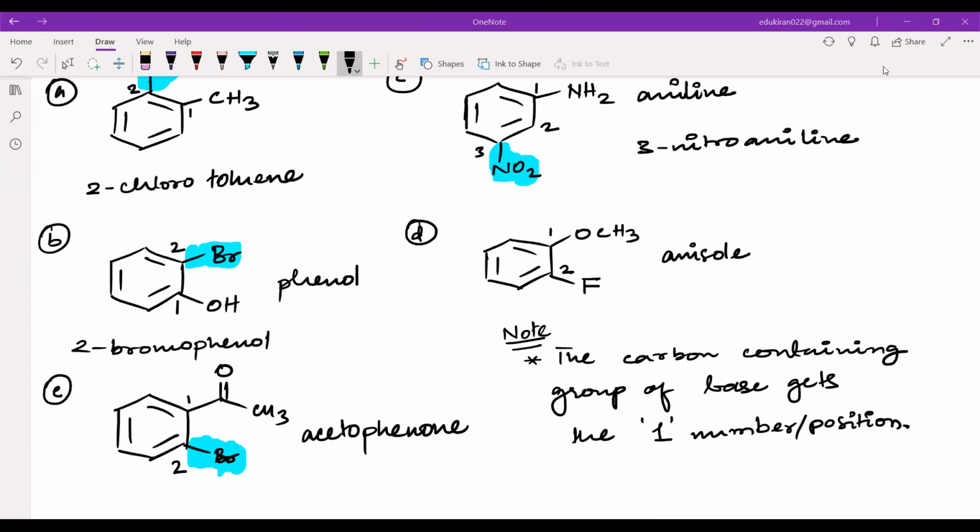This is 2-fluoro, and there is no space, anisole. And this will be 2-bromoacetophenone.